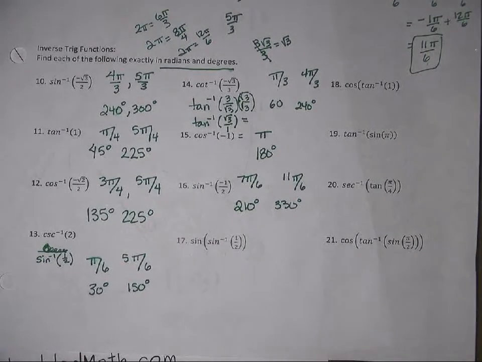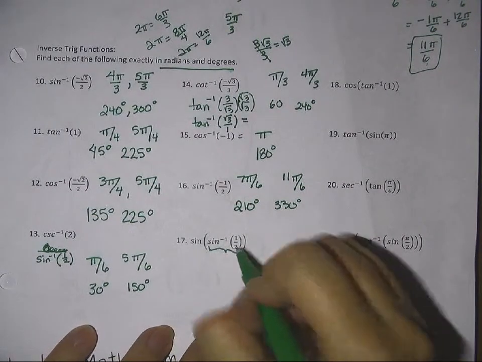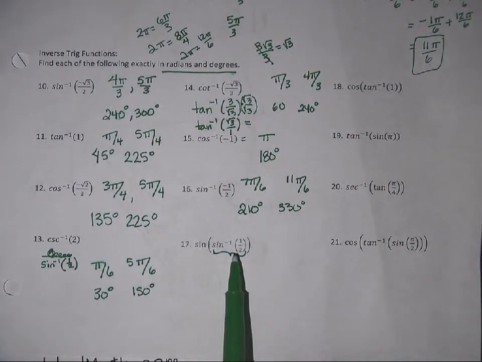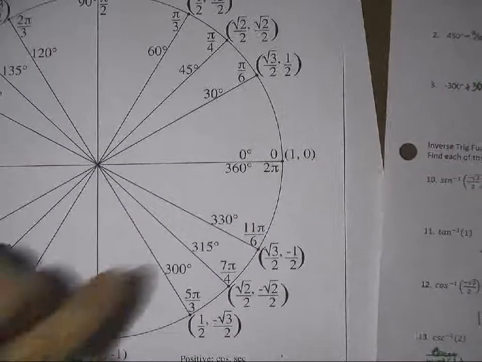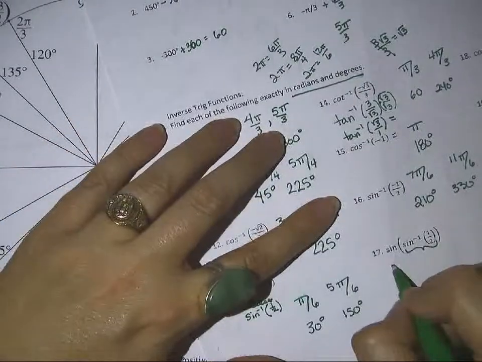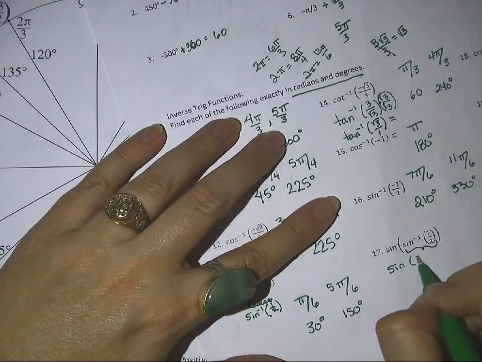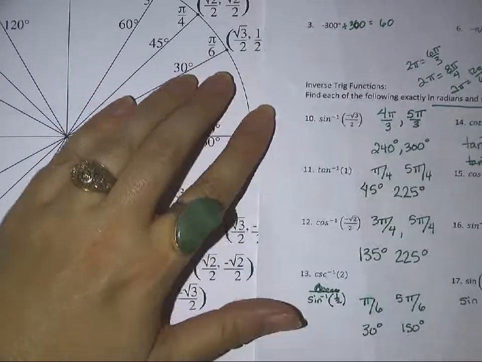Okay, now we have an interesting thing here. The inside part says find the angle where the sine is 1/2. So the sine is 1/2 right here at 30 degrees. So I'm going to put that inside here. And now this says, well, what's the sine at 30 degrees?